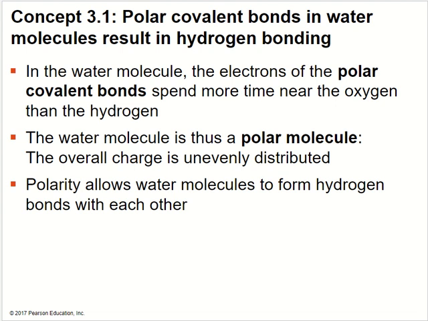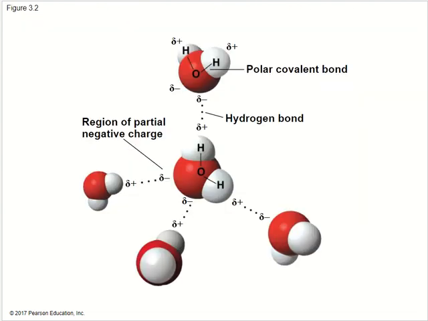The water molecule is thus a polar molecule with a slight positive and slight negative charge at different ends of the molecule. The overall charge is unevenly distributed. Polarity allows water molecules to form hydrogen bonds with each other, such as the example here, where separate water molecules are semi-attracted to each other by different partial charges.